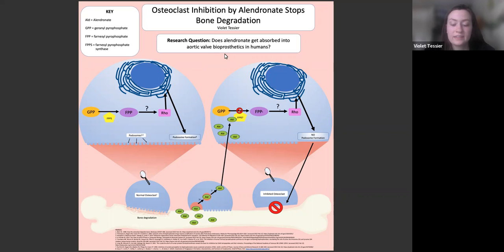Since these are really good valves, the main drawback is that they calcify in the heart and have to be replaced. So if we can find drugs that are able to go into this aortic valve, then we can stop the calcification. First we just need to know whether alendronate is absorbed into these aortic valve bioprosthetics. That's what my research question is on.